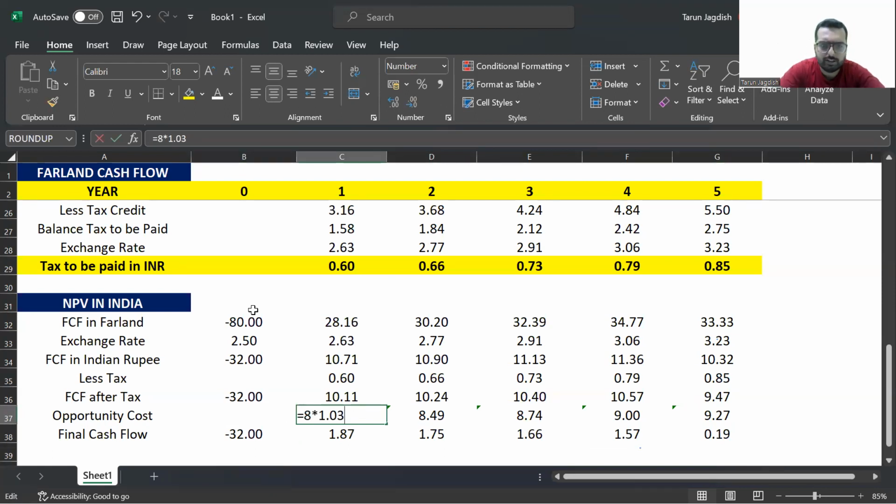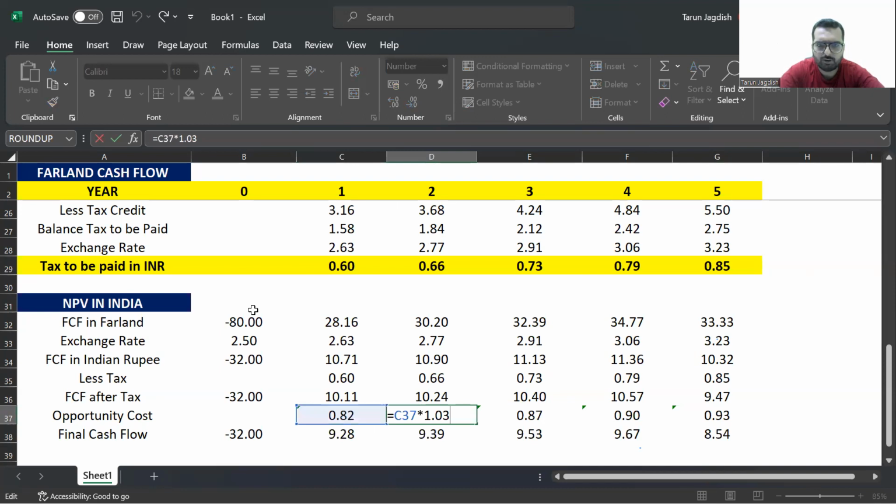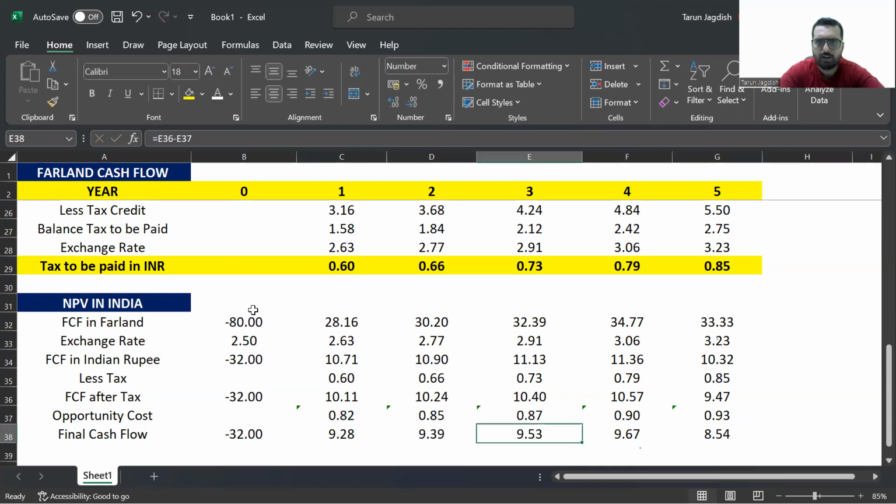I've made a mistake here. It will be 0.8, so everything will change accordingly. Bhavya, 1 minute, let me process. I will allow you to speak after this. 32, 9.2, 9.4, 9.5, 9.6, 8.4. Correct. The numbers are correct.